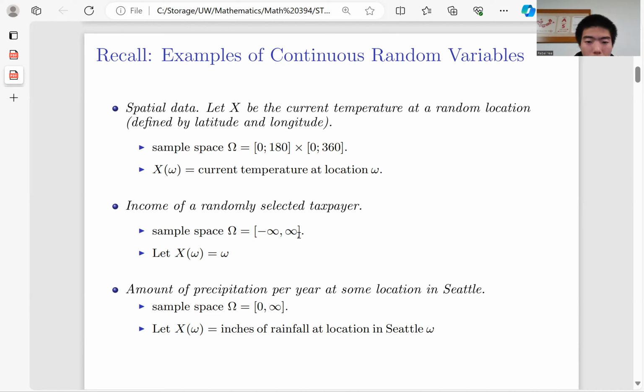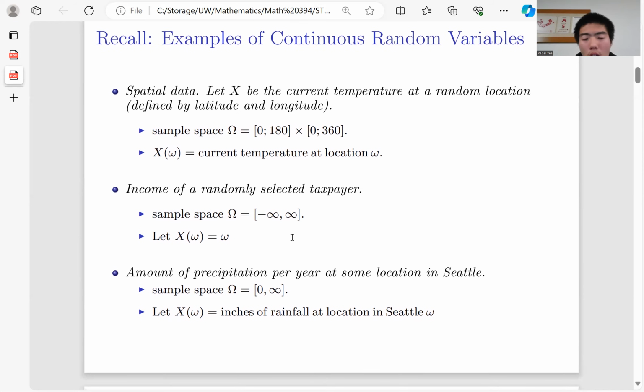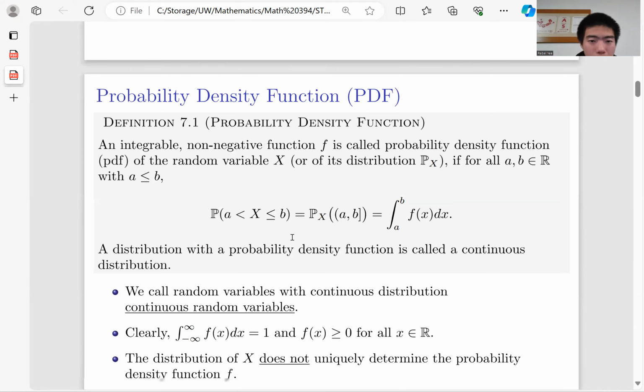Also, for a selected taxpayer, the income can be anything between negative infinity and infinity, with many units after the decimal point. And precipitation can also be continuous, because in millimeters we can have 0.0001 millimeters and even more zeros before the 1. Those are examples of continuous random variables.